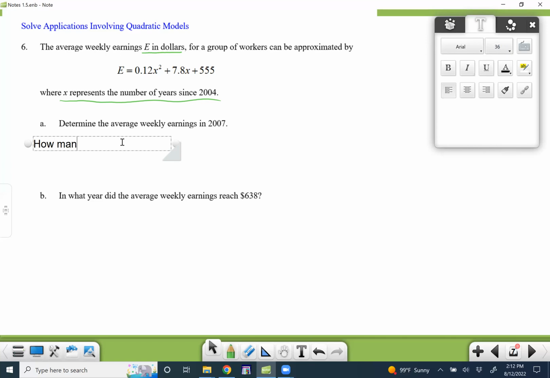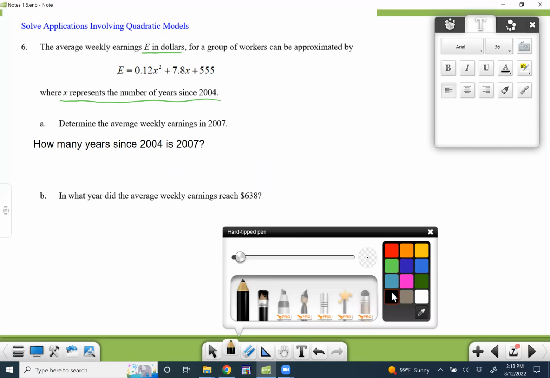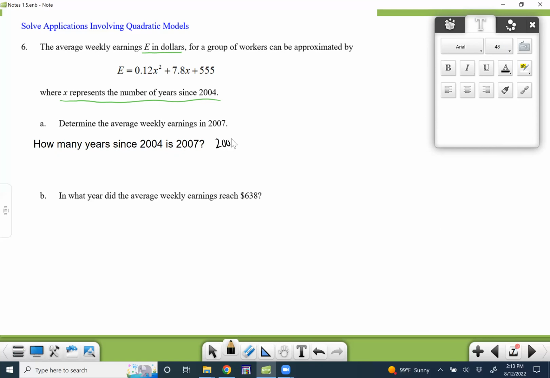So how many years since 2004 is 2007? So the math that we would need to do for that, we would just need to subtract. So if we do 2007, take away 2004, it's been 3 years. Or some of you are like, Mecklenburg, why are we even writing that down? All right, so 3 would go in for the E or for the X.